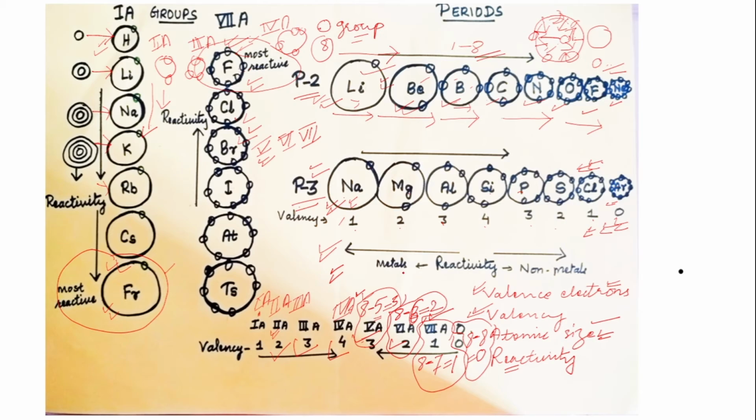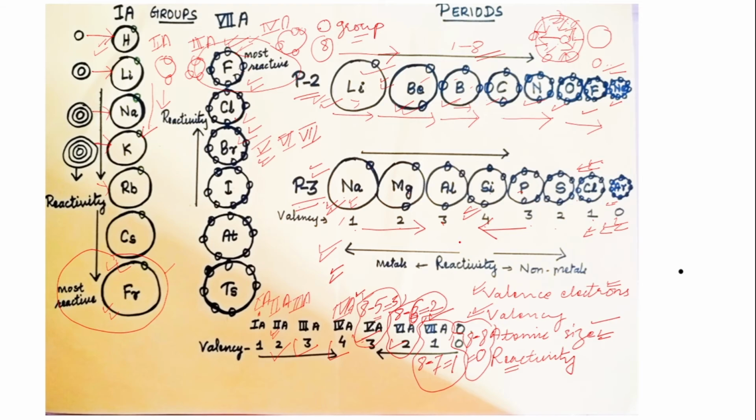So the reactivity is maximum towards the left side and the right side, and it decreases as we move towards the center. Silicon, number 4, is in the middle, where the reactivity is the minimum.